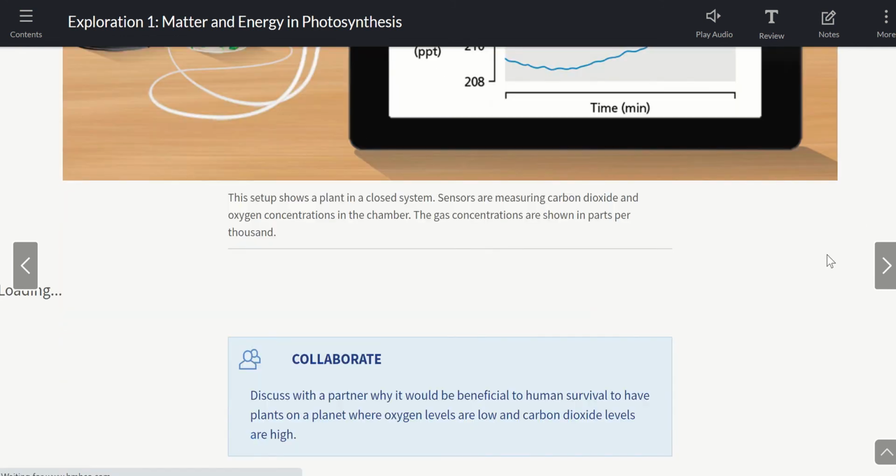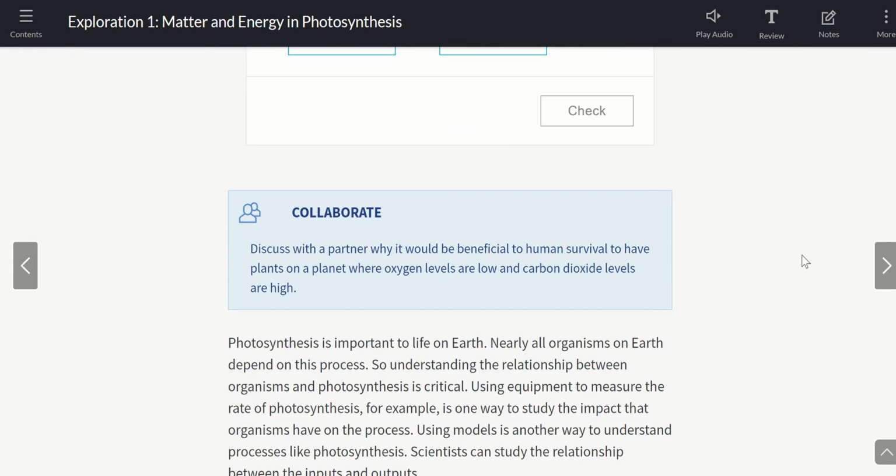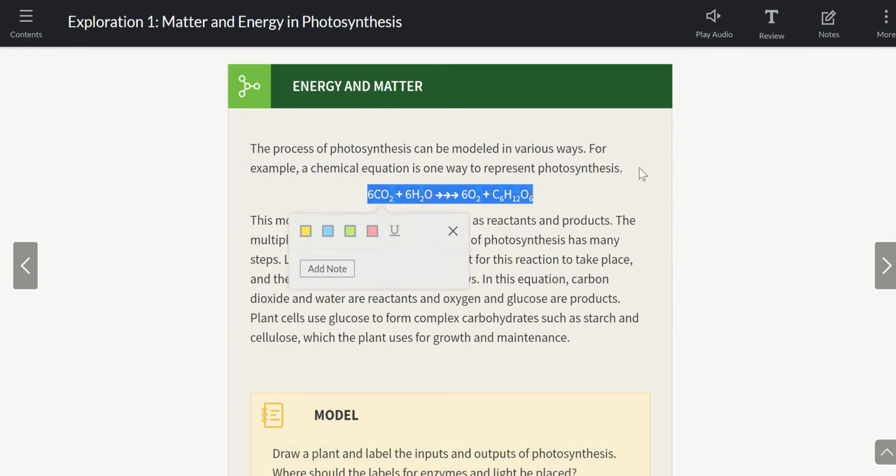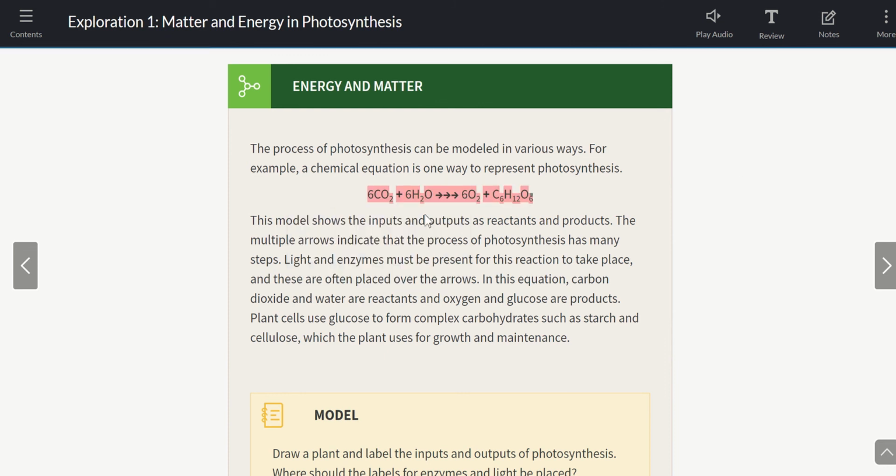So as we scroll down here, here is the formula for photosynthesis. The reactants, right? We call the left side of the chemical equation the reactants, and that's what goes into the equation. What plants take in is carbon dioxide, CO2, and water, H2O.